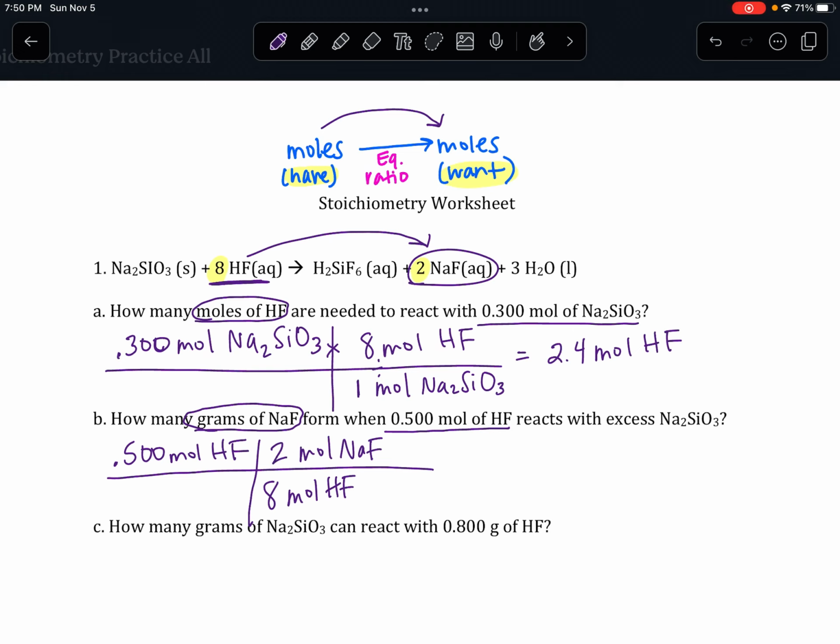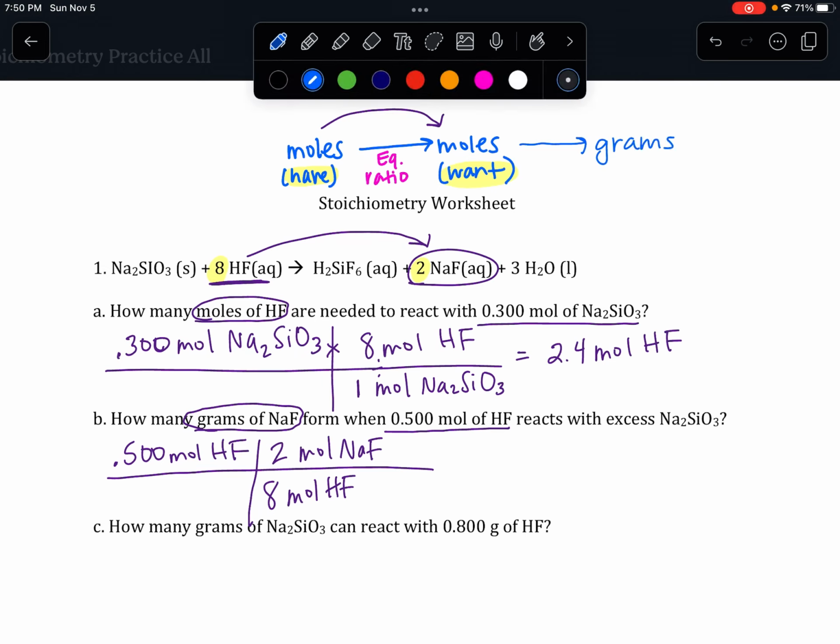So I'm using my balanced equation to go from what I have to what I want. But since this question is asking for grams, I am going to have to go one more step on the map here. And remember, the way that we get there is we use the periodic table.